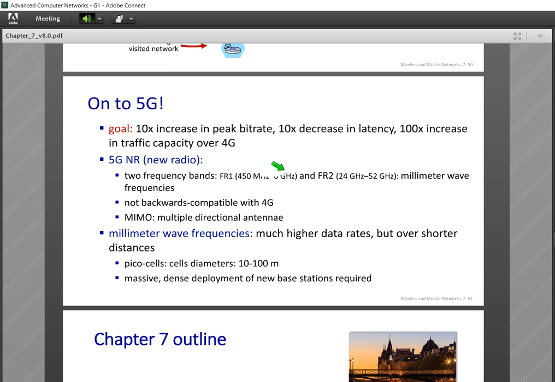Everything, the uplink and downlink, with new different frequency channels without backward compatibility, and we need to use advanced technology in antenna design, for example, using MIMO or something like that.